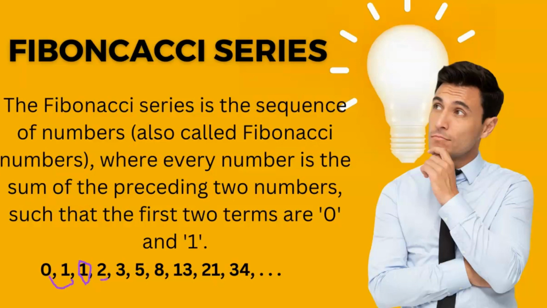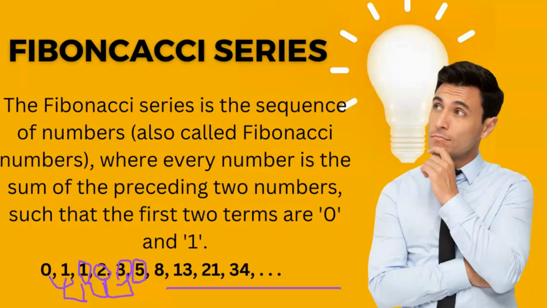Similarly, the next number 2 is the sum of its two preceding numbers, like 1 plus 1 is 2. 1 plus 2 is 3. 2 plus 3 is 5, and so on. So this is how we can find this series till n number of times.